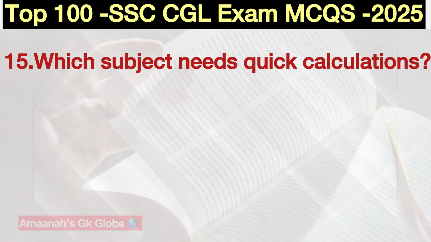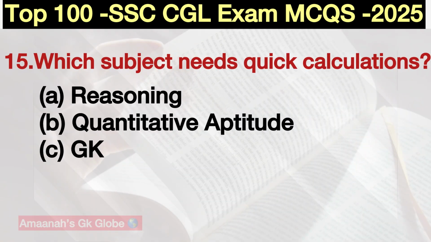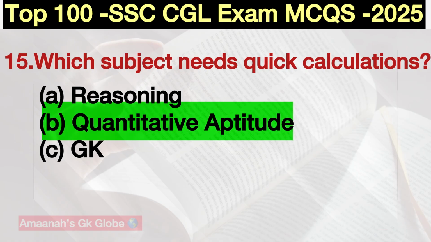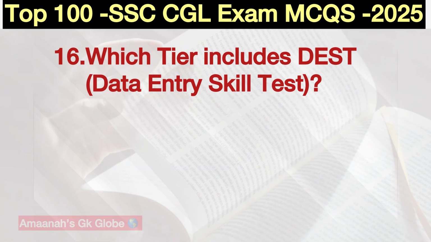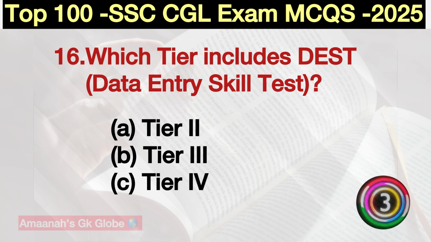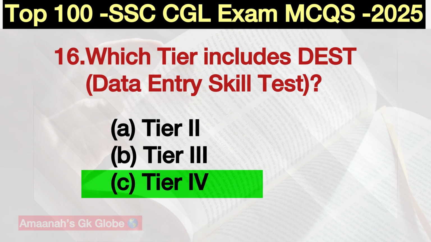Which subject needs quick calculations? Right answer is option B, quantitative aptitude. Which tier includes DEST, data entry skill test? Right answer is option C, tier 4.